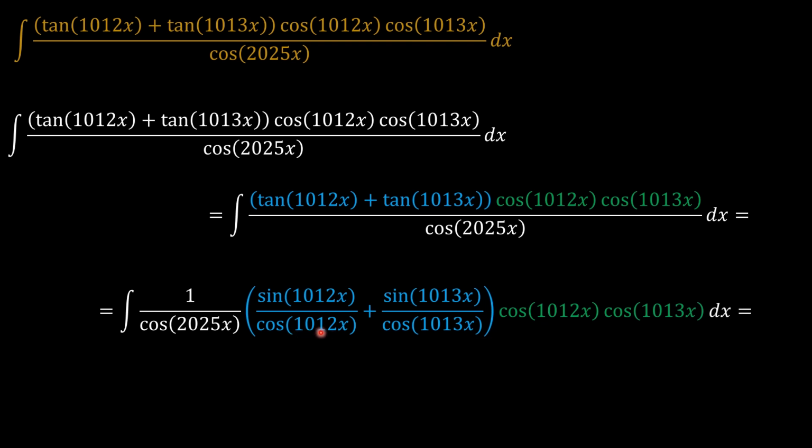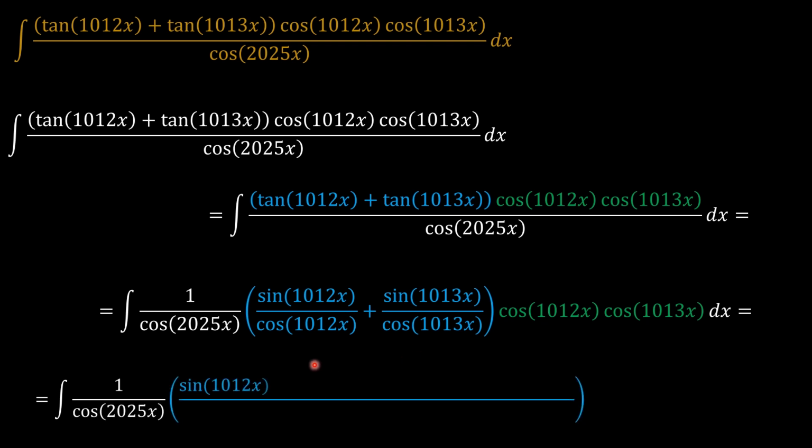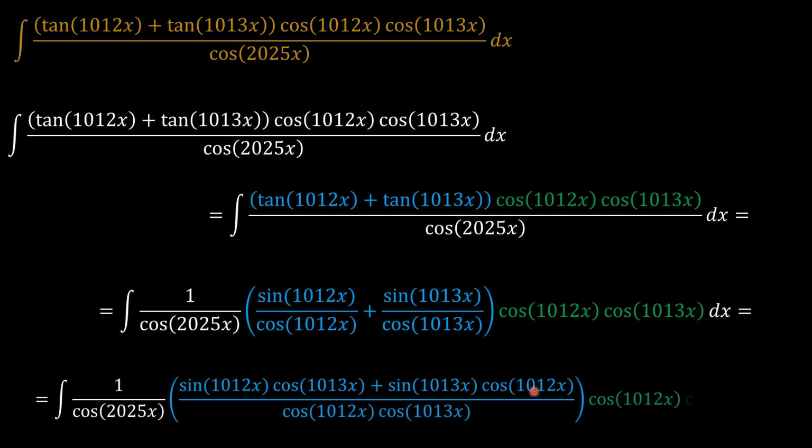As you can see, we can get a common denominator, which is the product of the cosines, which is the same as the green component here, which could end up cancelling out. And then the numerator now becomes sine 1012x times cosine 1013x plus sine 1013x times cosine 1012x.